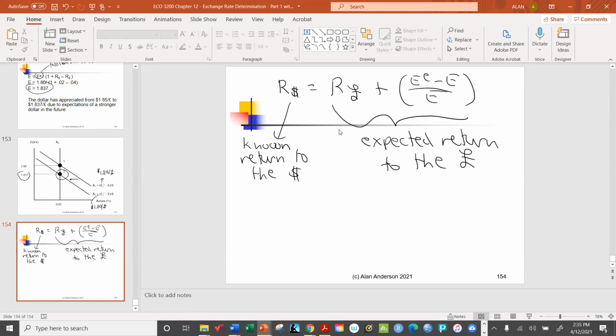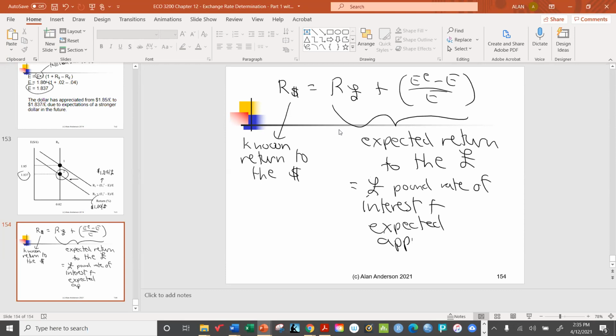So we've got two components to this, equals the pound rate of interest, we'll call it, plus the expected appreciation or depreciation of the dollar, which is not something that's actually known to us, but we believe we know, we think we know, and therefore that's good enough for us to make a decision as to where we should hold our funds.